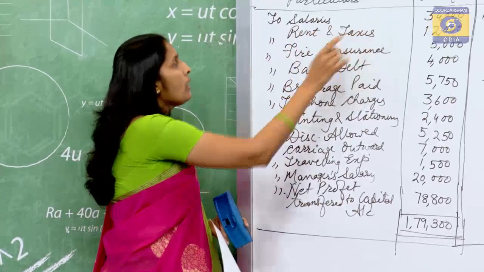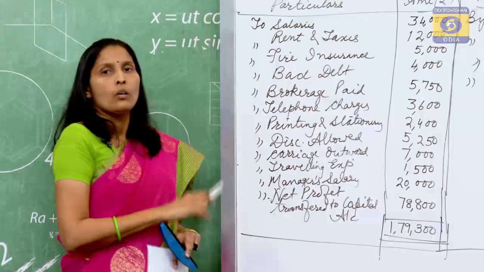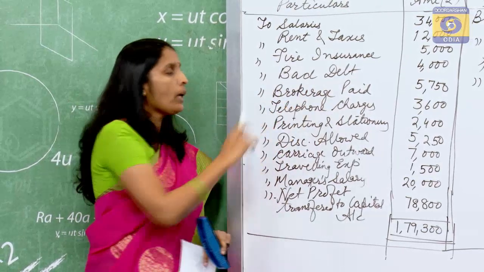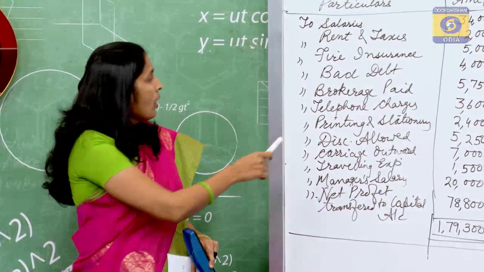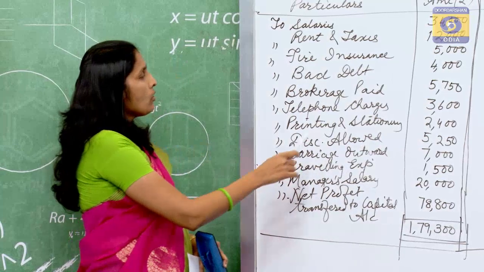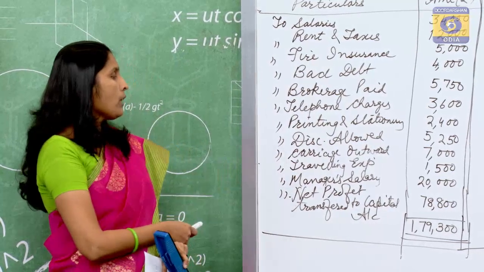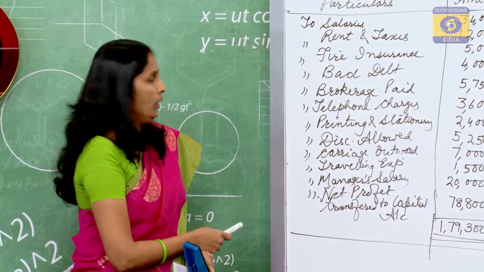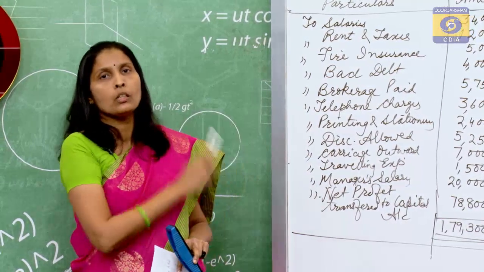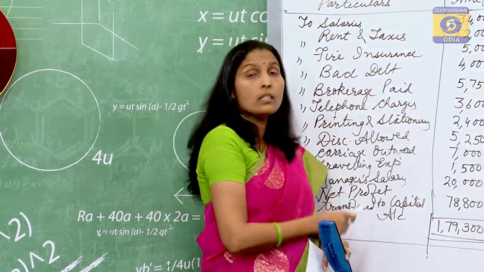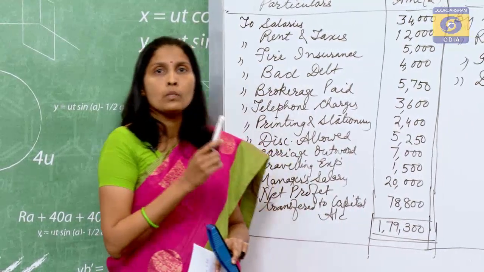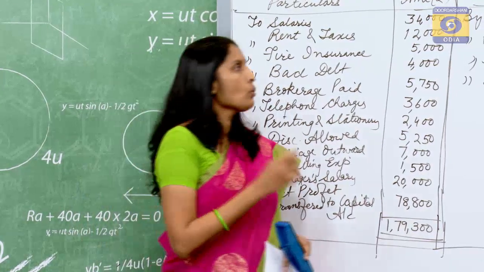We have salaries, rents and taxes, fire insurance, bad debt, brokerage paid, telephone charges, printing and stationery, discount allowed, carriage outwards, traveling expenses, manager's salary. Once all the debit items, all the expenses have been entered on the debit side, then we move to the credit side to enter all those items of incomes and gains that are given to us in the question.